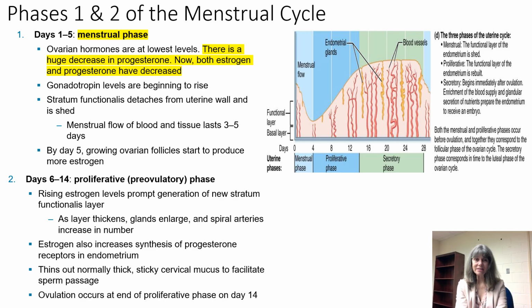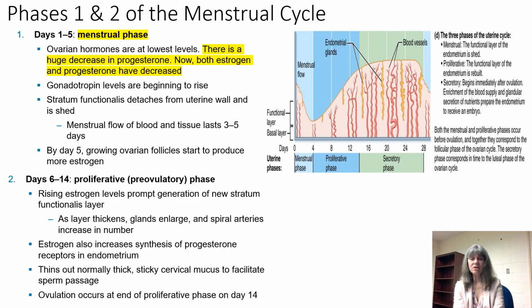Days 6 through 14 are the proliferative or pre-ovulatory phase. During this phase, rising levels of estrogen prompt the generation of a new stratum functionalis layer, and as that layer thickens, glands enlarge and spiral arteries increase in number.